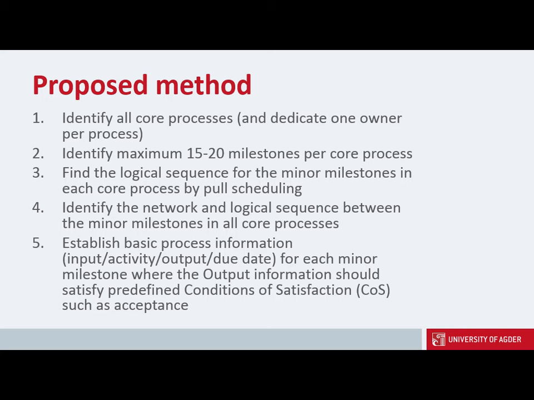And fourth, identify the network and logical sequence between those minor or sub-milestones in all core processes. And of course, establish the basic information for each milestone, input, output, activity, etc., like I illustrated in this table before.